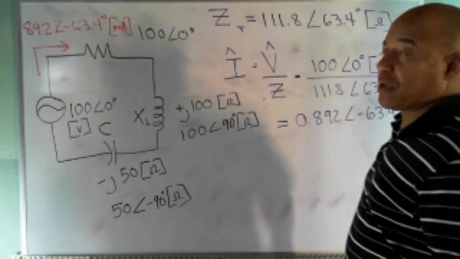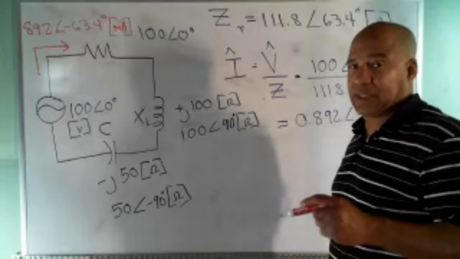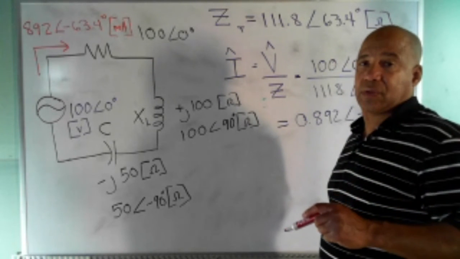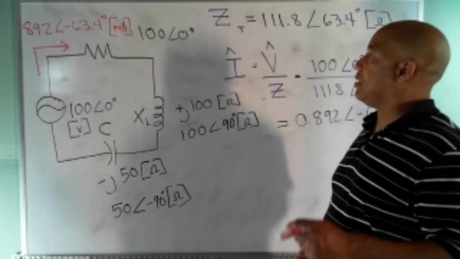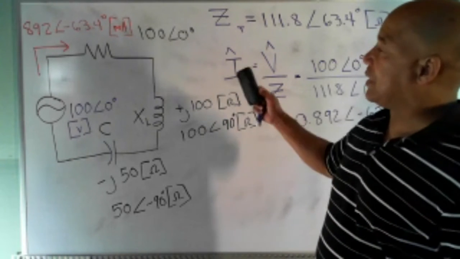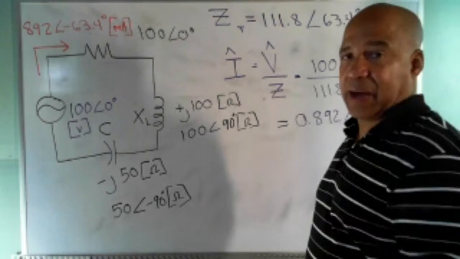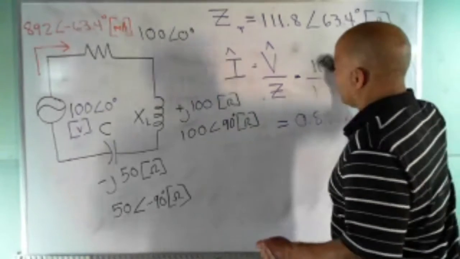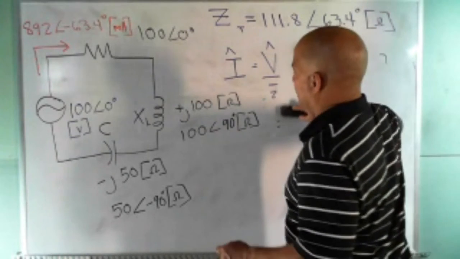So now what do I do? Well, if this were DC, to completely solve the circuit, we've got to find voltage drops. So how do I find the voltage drops? Well, once you get the current, it's just I times R. If this was DC, well, in AC it's I times whatever the opposition is. So we've got to find all of the voltage drops. So let's do that.